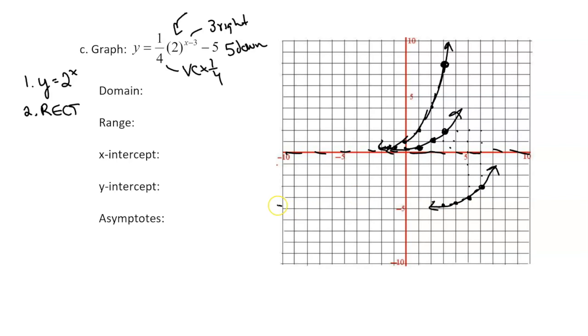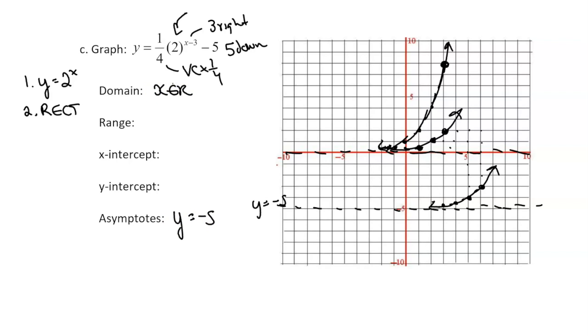And if we drop down 5, our asymptote is now going to be down here at y equals -5. So let's see the things that we could answer fairly quickly. I'm going to save the x and y intercepts for the end, but we know our asymptote is going to be y equals -5.